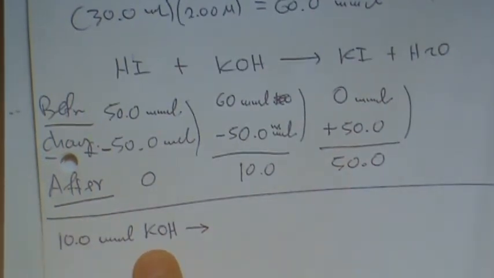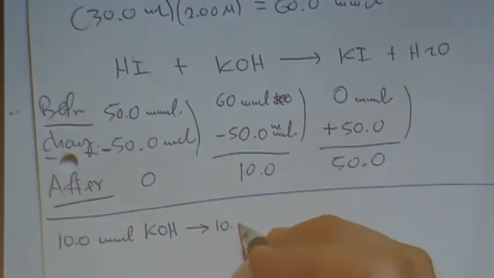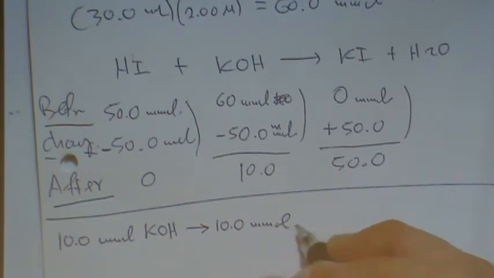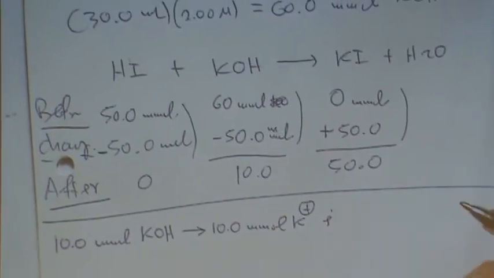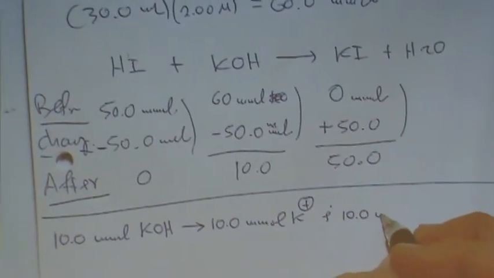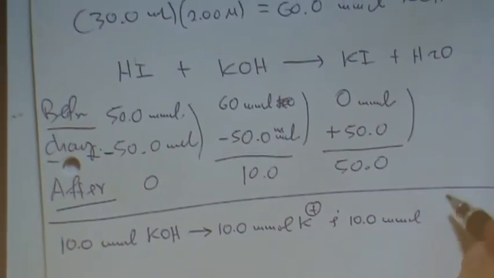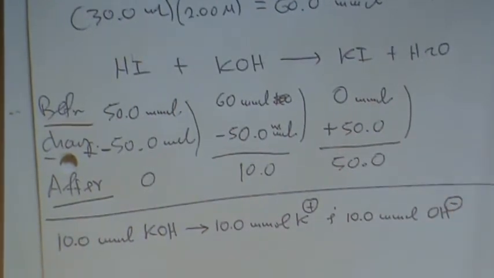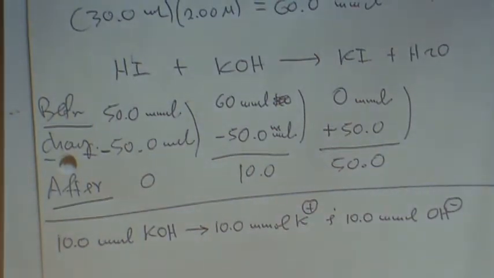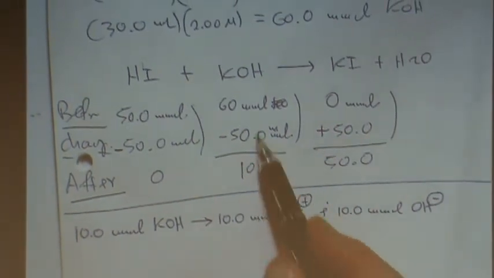And when we have 10 millimoles of this, that means we have what? Ions, right? Potassium plus OH minus, because that's soluble. It's a strong base, soluble. So we have how many millimoles of potassium plus? 10 millimoles of potassium plus. And what else? 10 millimoles of OH minus. Did you understand that? Okay? It's the same thing we have talked about before. And what else do we have besides the potassium hydroxide?